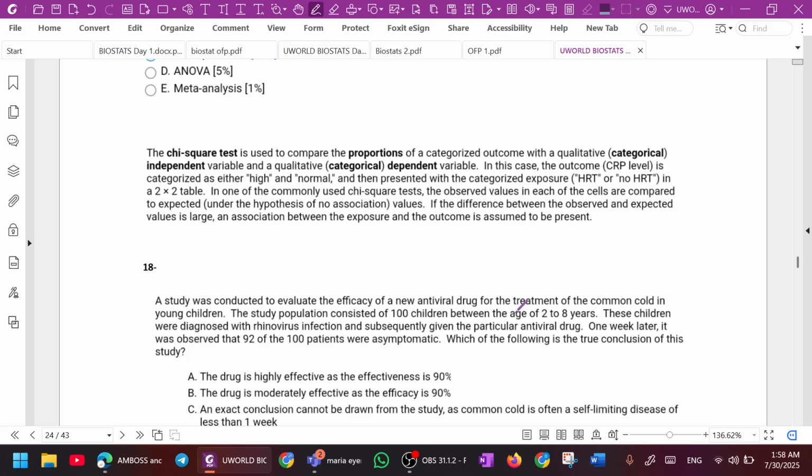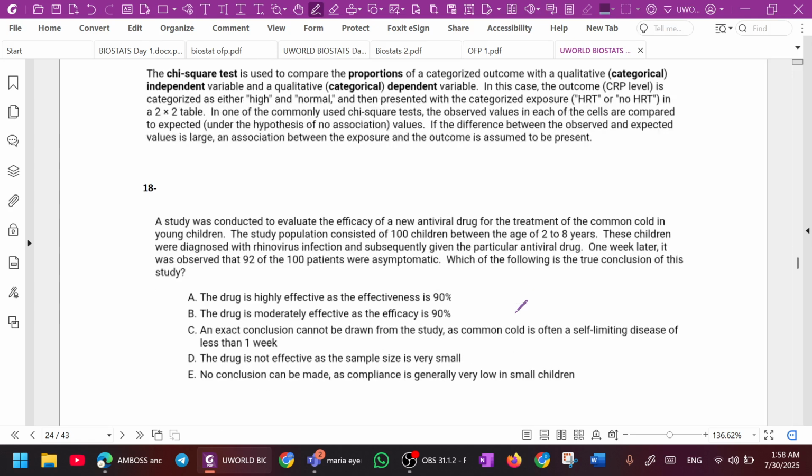In one of the commonly used chi-square tests, the observed value in each of the cells is compared to the expected value under the hypothesis of no association. If the difference between the observed and the expected value is large, an association between exposure and the outcome is assumed to be present. Okay. Okay. Next.